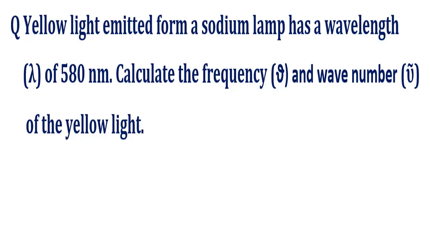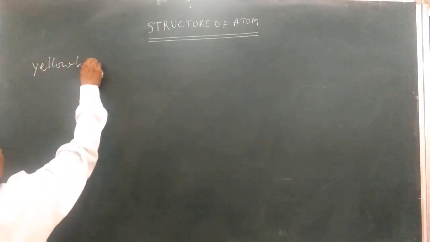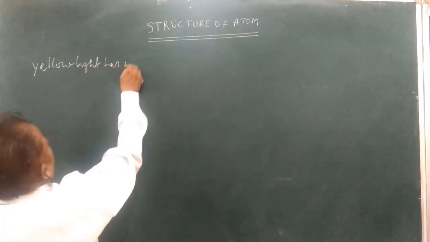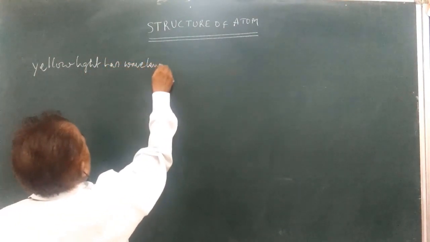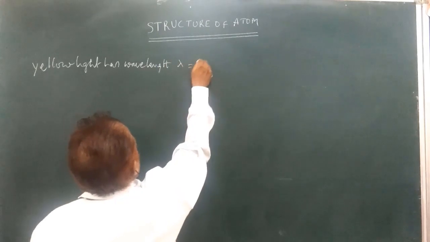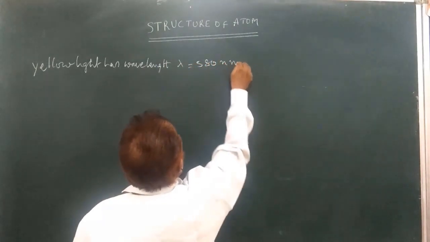Now let us discuss a numerical based on these wave characteristics. The problem is: yellow light emitted from the sodium lamp has a wavelength of 580 nanometer. Calculate the frequency and wave number of yellow light. Yellow light has wavelength lambda equal to 580 nanometer.